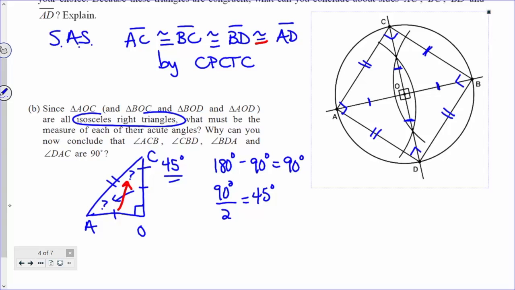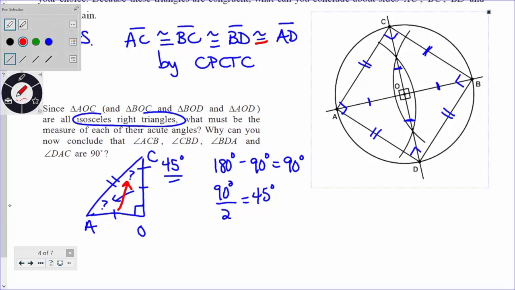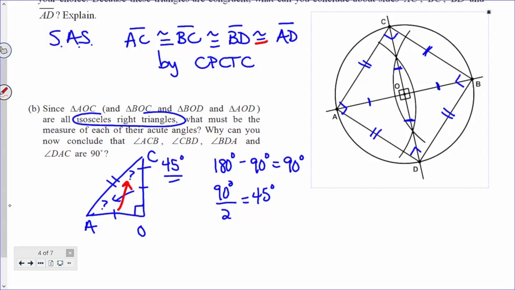But now think about this for a moment. And now I'll purposely change to red. That means this angle is 45 degrees, this angle is 45 degrees, this angle is 45 degrees, etc. Let me just get them all in there.